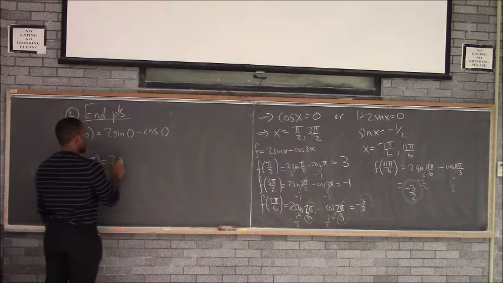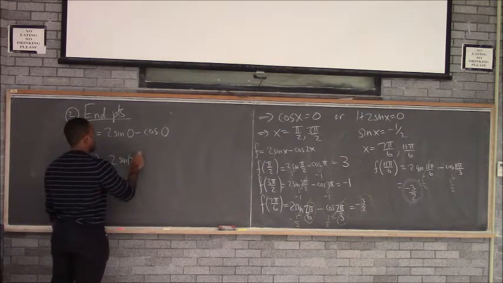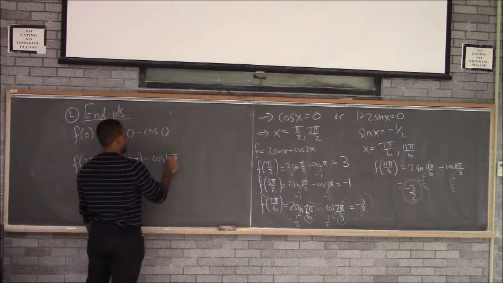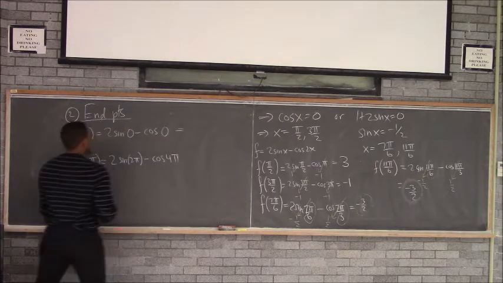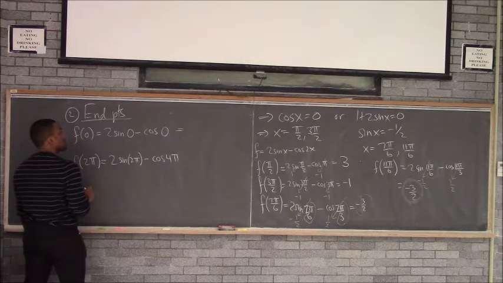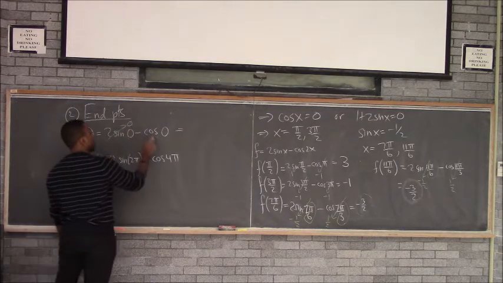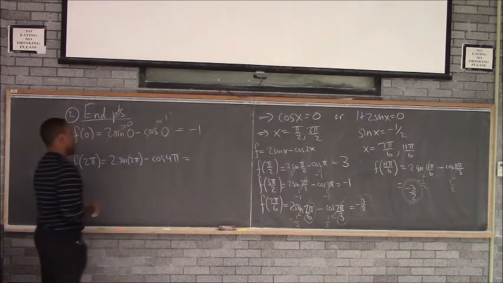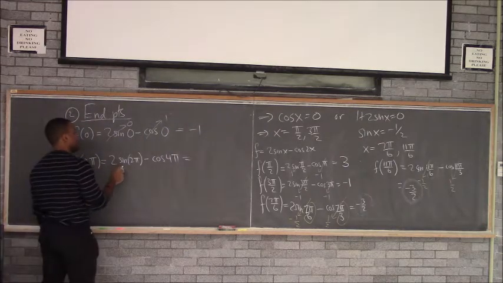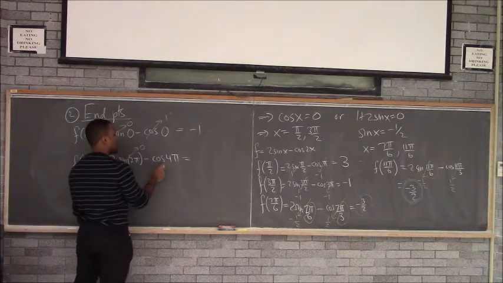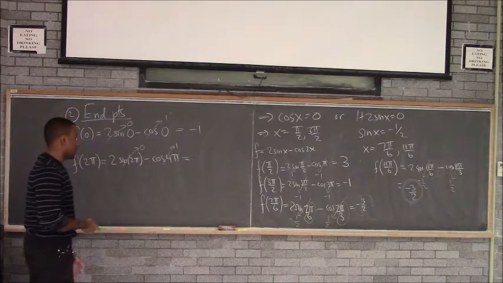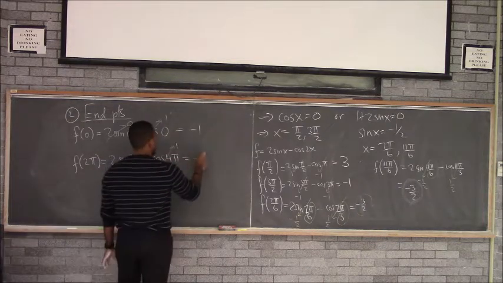This one will be 2 sine of 2 pi minus cosine of 4 pi. Sine of 0? 0. Cosine of 0? 1. So this is minus 1. Sine of 2 pi? 0. Cosine of 4 pi? 1. Cosine is 1 at all even multiples of pi. So this is again minus 1.